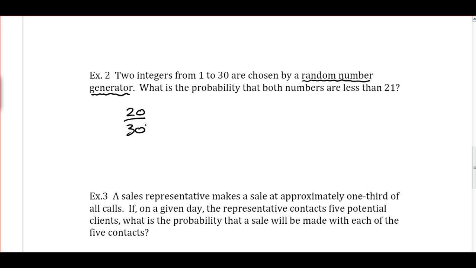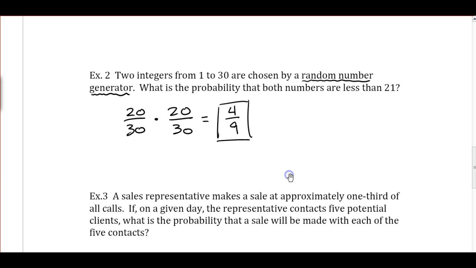There are 20 numbers less than 21 from the numbers 1 to 30. Then the probability that the second number would also be less than 21 is 20 out of 30, which when we reduce gives us 4/9. So the probability that both numbers are less than 21 would be 4/9.